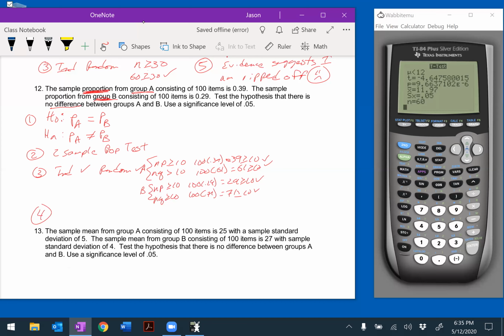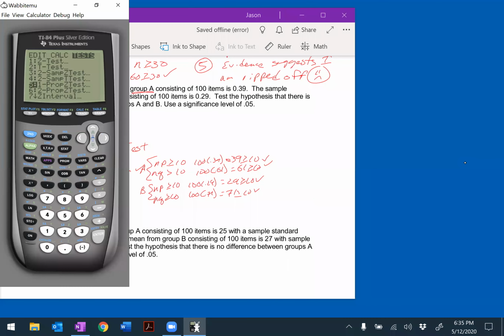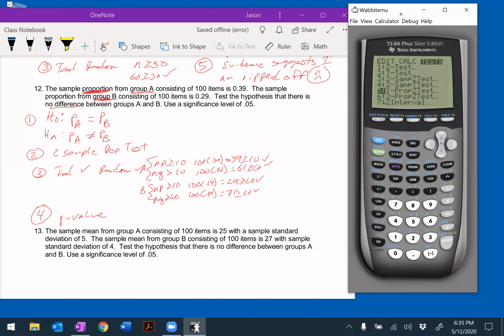Okay, 4 is to actually find the p-value. So let's find the p-value. This is going to be stat tests, and this is a 2 prop z-test.